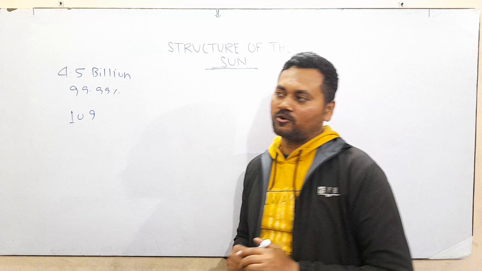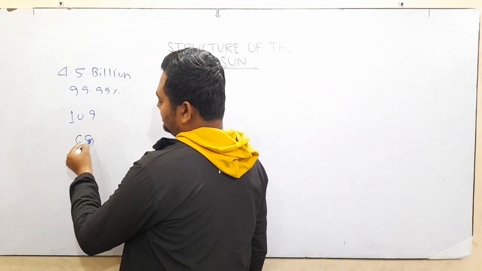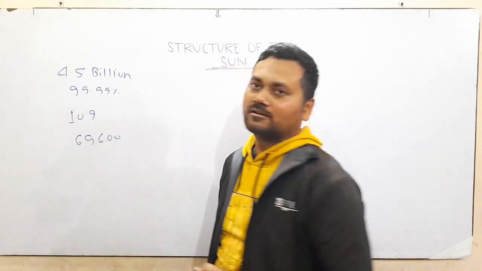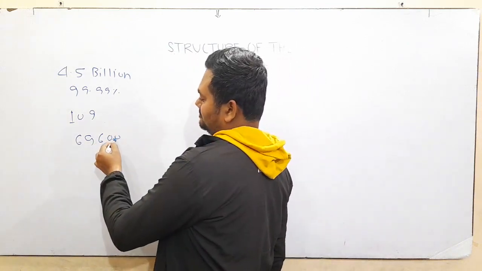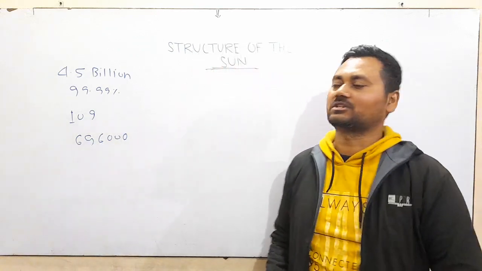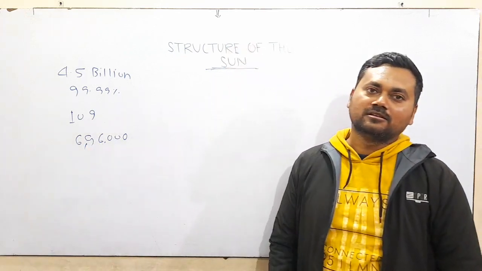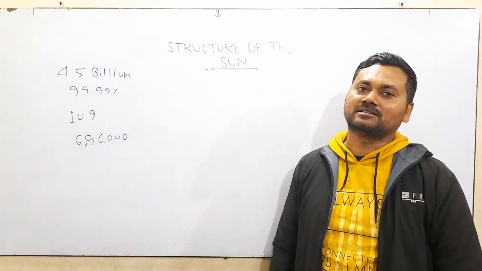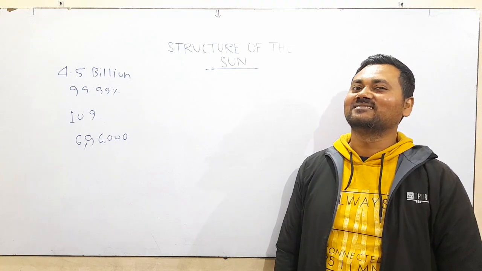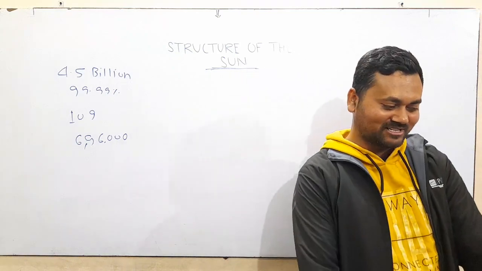The diameter of the Sun is 6,96,000 kilometer. Is it the diameter or is it the radius?